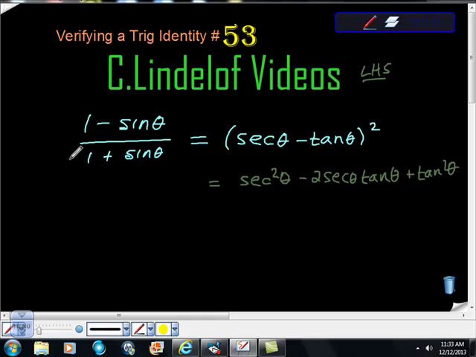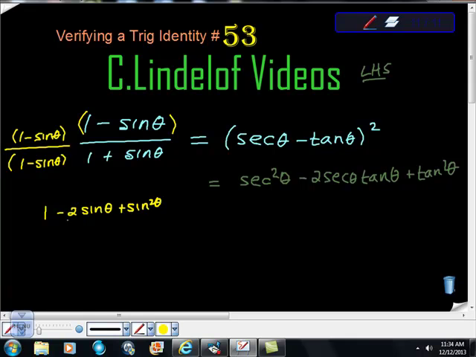So what I'm going to do here is multiply by the conjugate of the denominator, which is not 1 plus sine theta, but 1 minus sine theta, therefore the conjugate, over 1 minus sine theta. Of course, I'm just multiplying by 1. When I multiply these, I get 1 minus 2 sine theta plus sine squared theta.